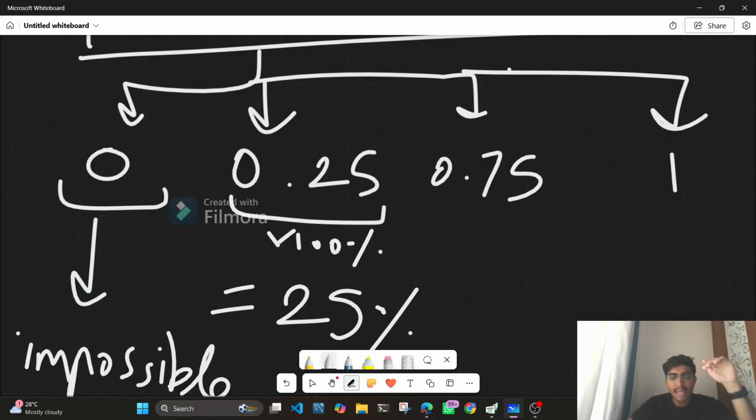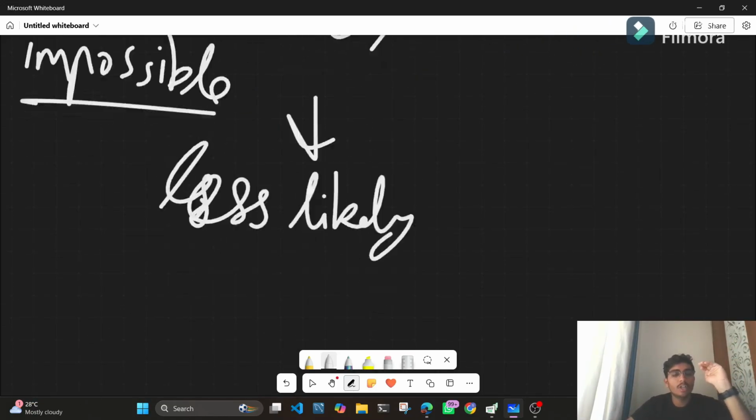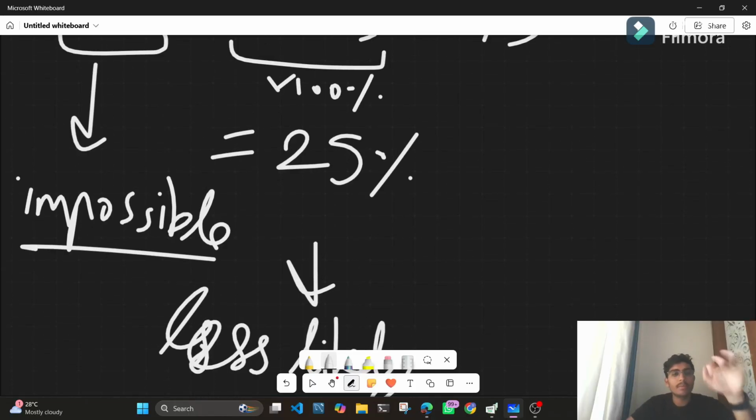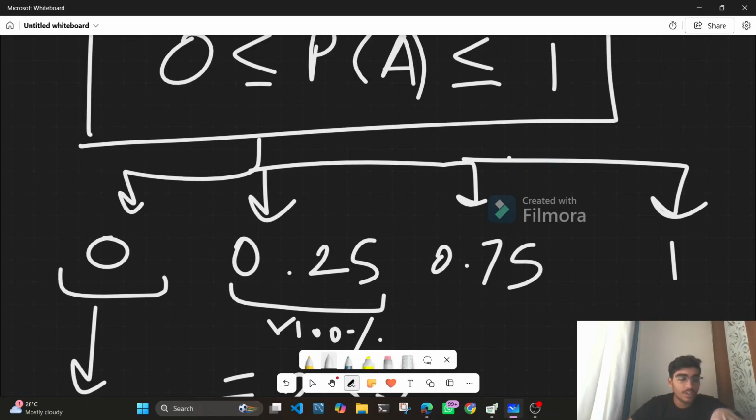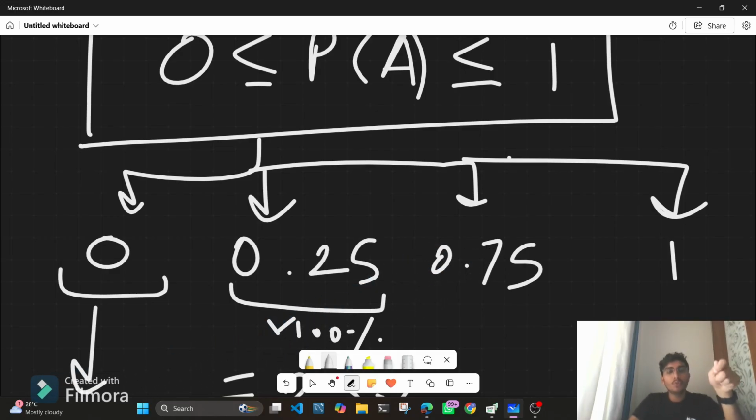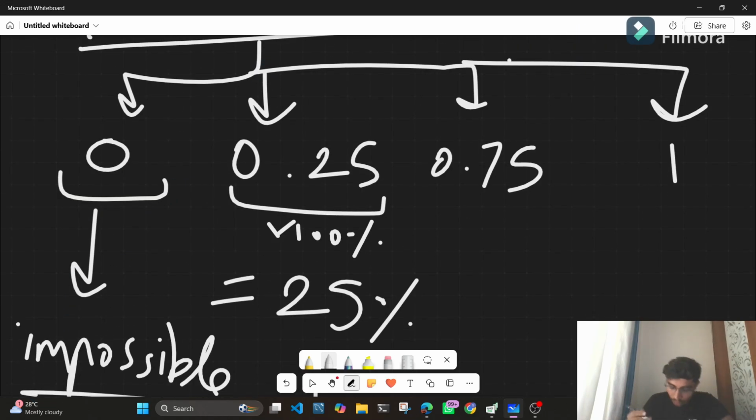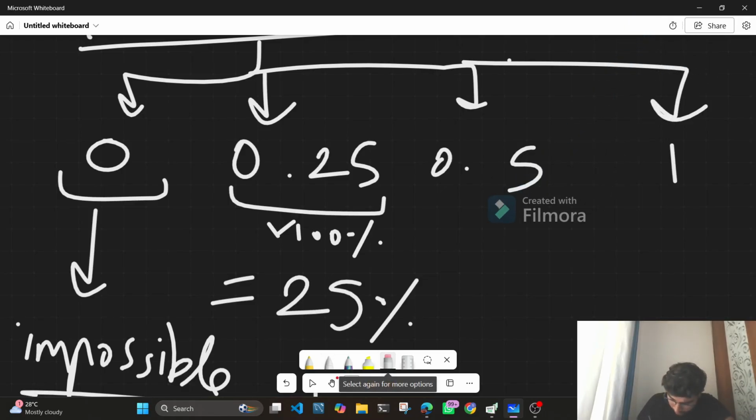So this is a very less likely event to happen. This is what 0.25 refers to. One more thing you need to understand is that I am just taking this as an example and not a fixed thing. Use it only as a reference and not as a very certain thing.